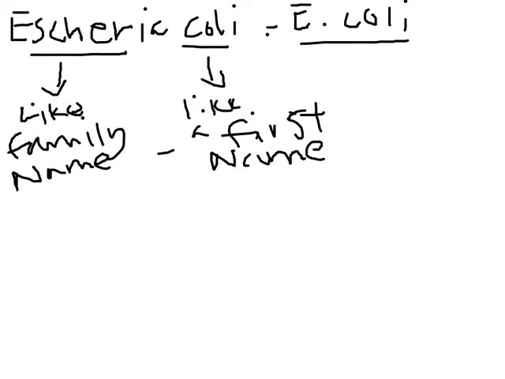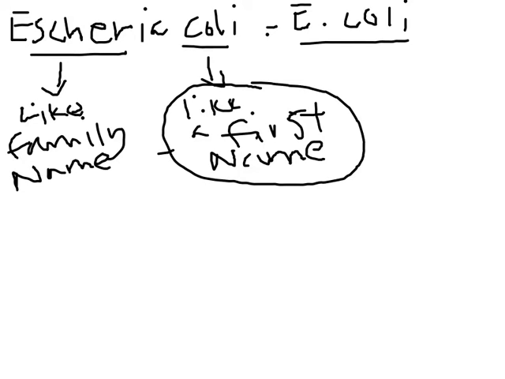Okay? So, in other words, just because, say, you have a cousin named Jennifer and your name is Jennifer, or say you see somebody else named Jennifer, just because your cousin and you are named Jennifer and then you see somebody down the street named Jennifer, that doesn't mean you're all related because your name is Jennifer, right? It's the same thing here. Like your first name, like Jennifer, this coli part is not what determines if two things are related.